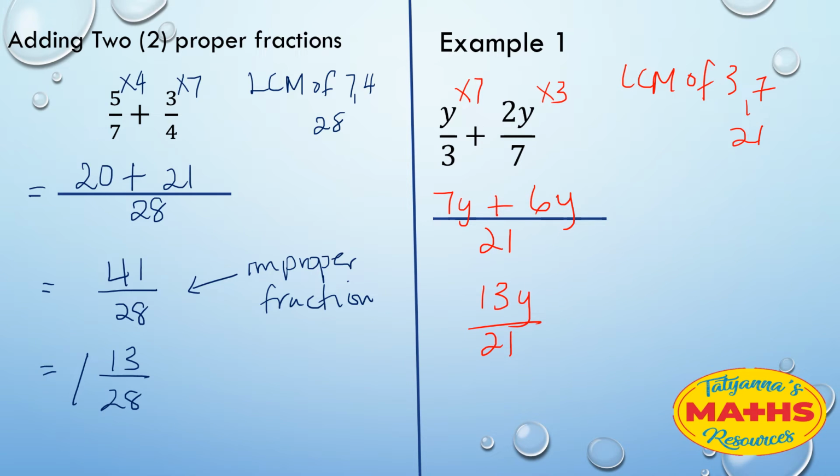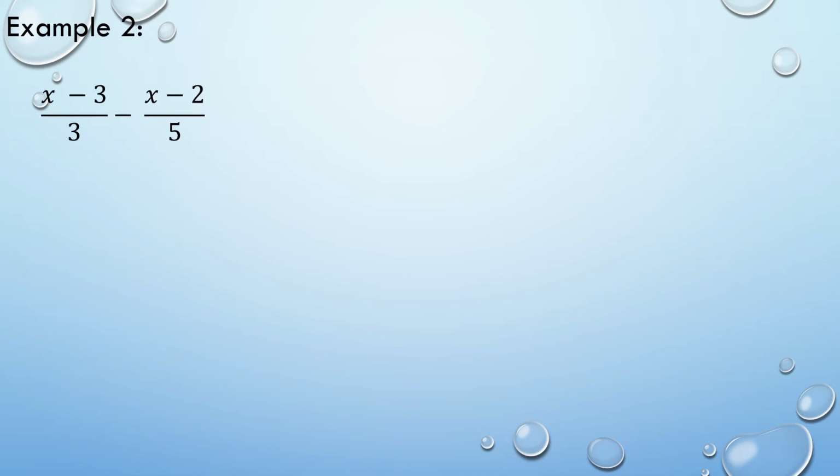Now we're going to move to example 2. This is our first fraction and this is our second fraction, and we're subtracting. Just as we would add or subtract two proper fractions or two mixed numbers, we're going to do the same here with this algebraic fraction.